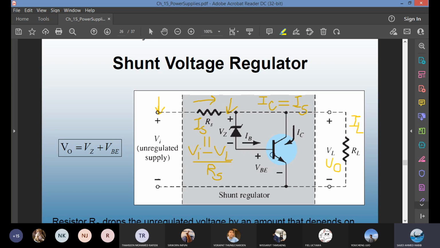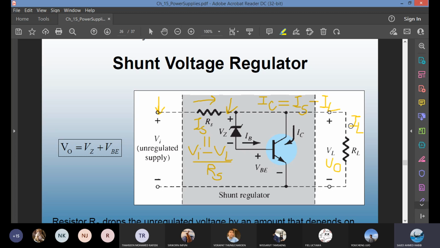Normally, when the shunting is not happening, all the main current will go to the right. It will not go through the BJT. It will go through the BJT only when there is a dangerously high level of load current. So here it is. IS minus IL is your collector current.